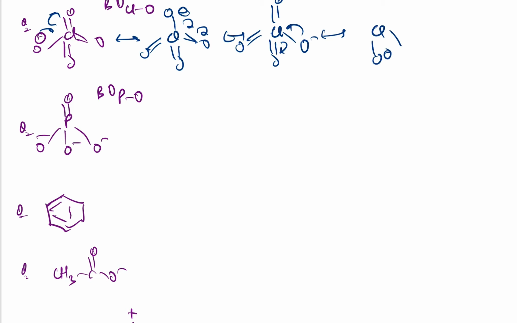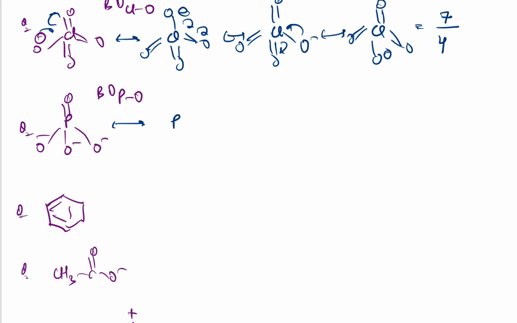ClO negative, double bond O, double bond O, double bond O. So how many structures do we have? First, then it will repeat at the fourth. So 1, 2, 3, 4. Let's fix any two bonds. Let's fix these two bonds. 1, 2, 3, 4, 5, 6, 7. Here also the bond order will be 7 by 4.